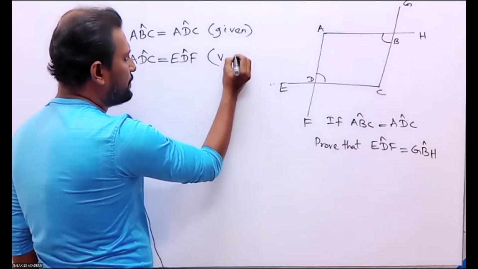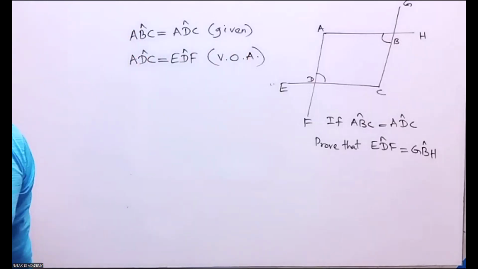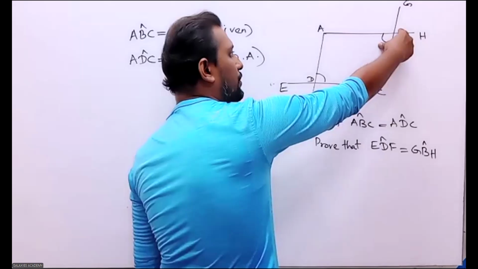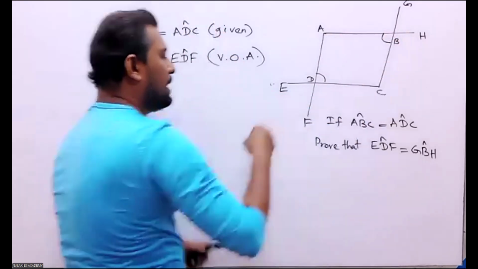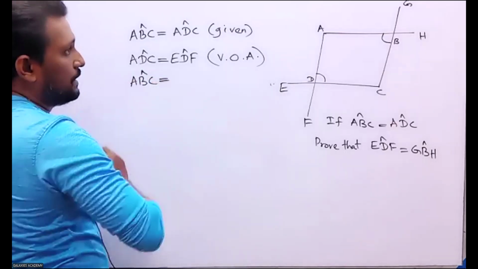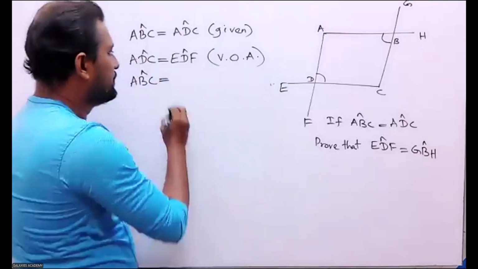The reason is vertically opposite angles. Then also we can write ABC angle equals GBH angle.